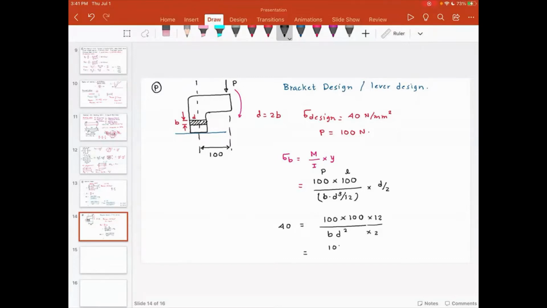And in this equation again, you have to replace the value of D is equal to 2B, solve, and find out the value of B. Once you know the value of B, you should be able to find out the value of D. Any questions here?